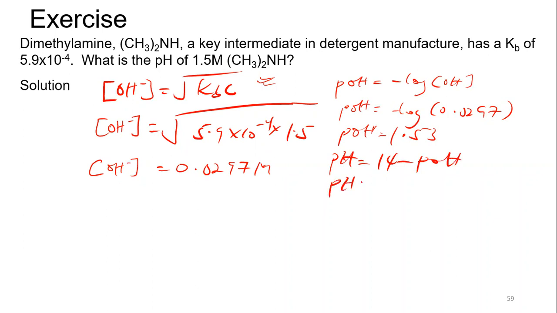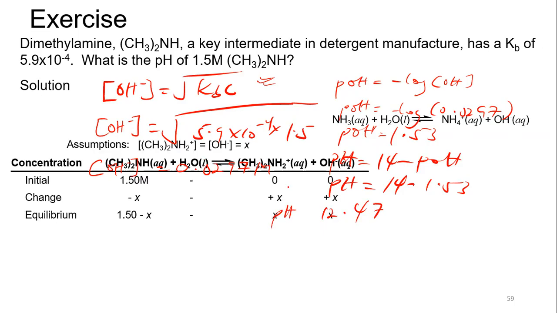And then pH will be equal to 14 minus 1.53. I'm getting 12.47. That's pH equal to 12.47. Very simple.